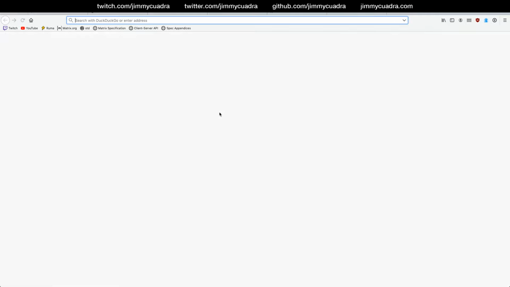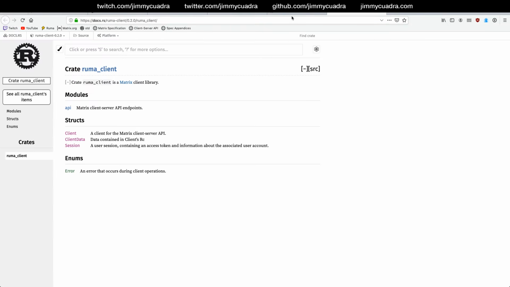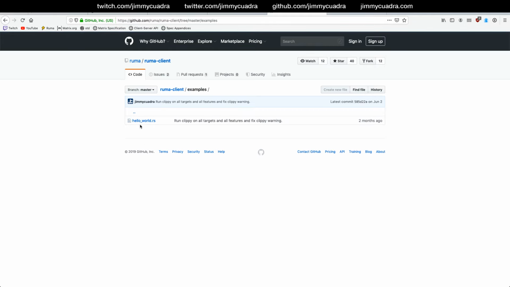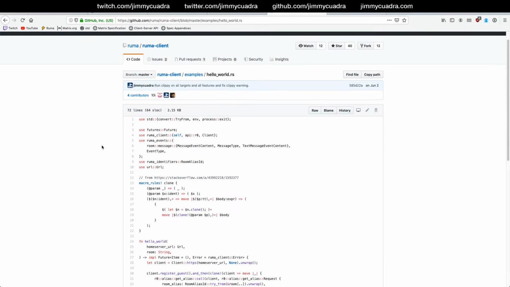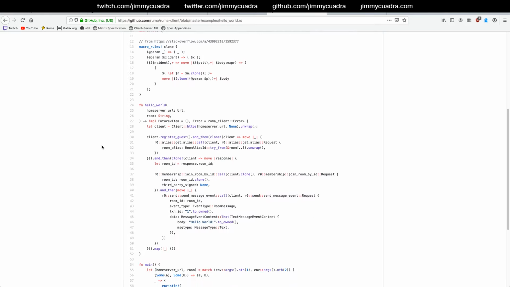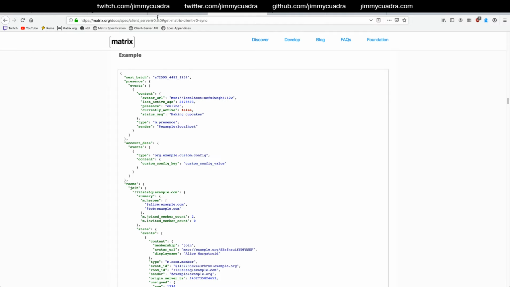And it might actually be more useful to look at an example of this. So in the directory, I'm not sure how up to date this is because we're in the middle of doing some major revamps of how this works and also updating Ruma's code to work with the latest version of the client-server Matrix API, which is 0.5.0, which is about, I don't know, maybe 4 or 5 weeks old.